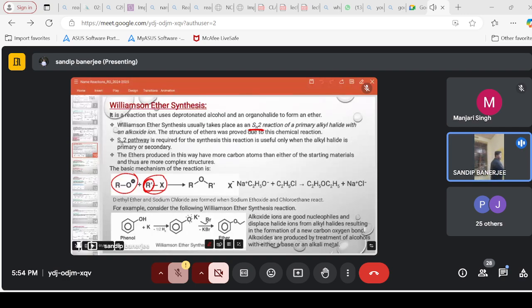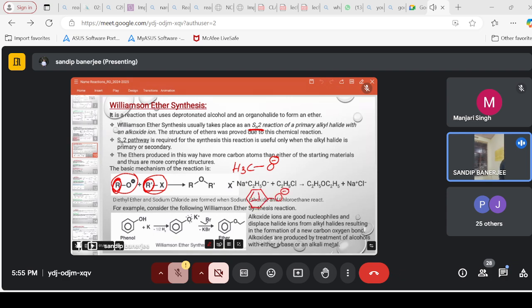But this system, our system, might be replaced by the aryl system because there is no problem with this one. But obviously, the rate will be different. Let's think I am using the starting material as CH3O minus, and the second one, I am using this phenoxide system.